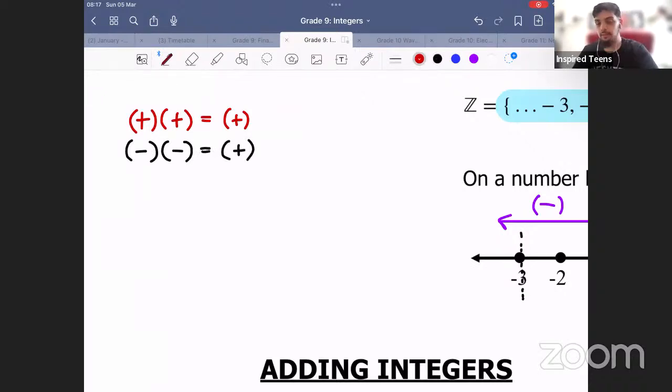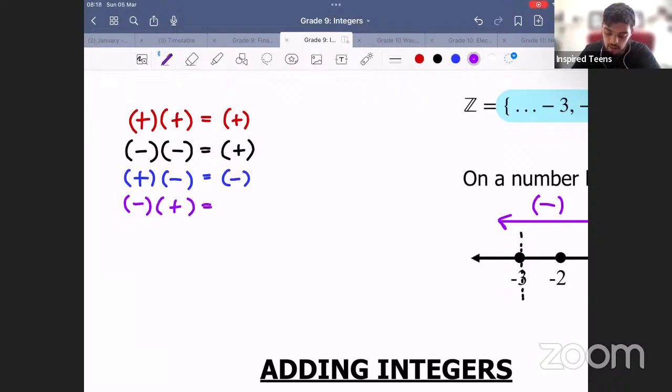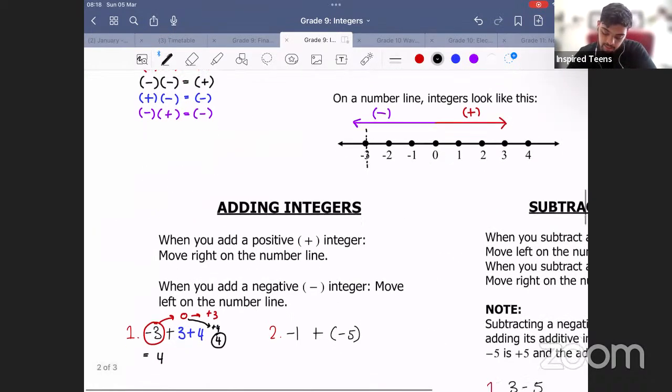When you're adding a negative number, it's basically overall negative. When you have negative positive, same thing, it's also just a negative. These are the important things for us to remember: positive and positive make a positive, negative and negative make a positive, but negative and positive make a negative.